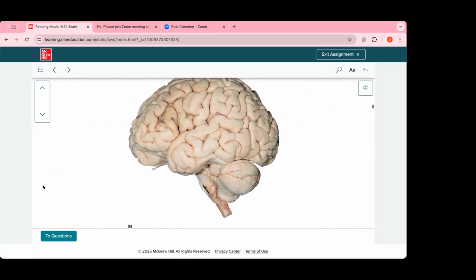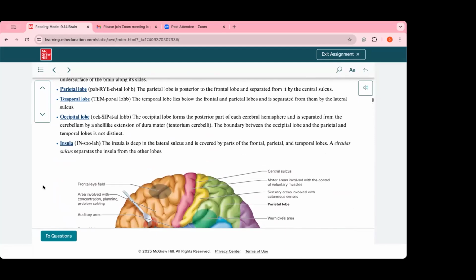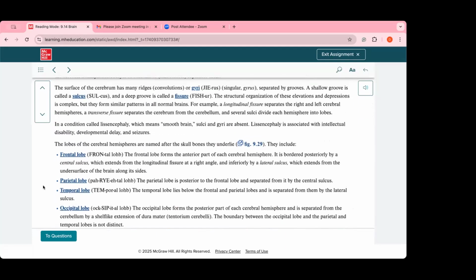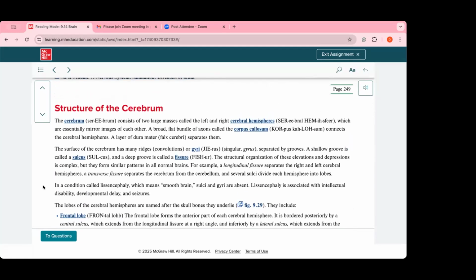I think it's probably gonna be, okay, here's the lobes. This is the lobes of the brain. The cerebrum is essentially, okay. Yeah, but what does it do?